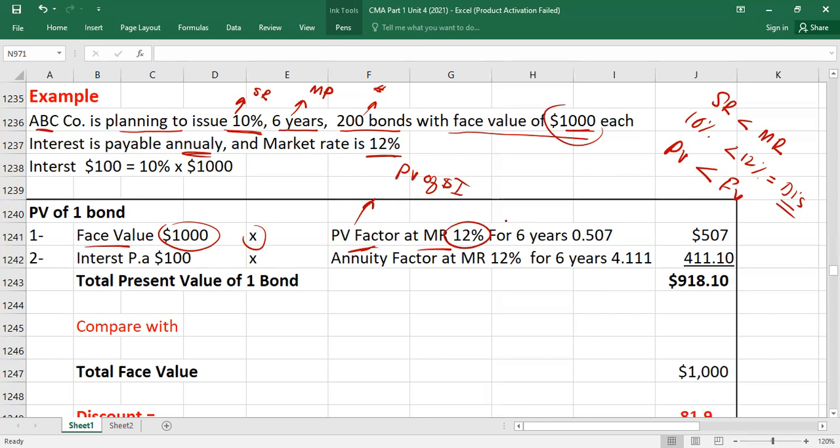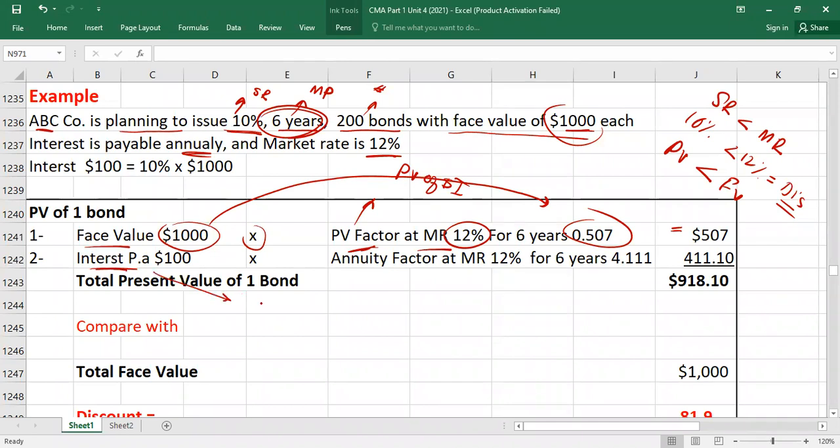I will go to the present value of a dollar table and look at 12% for how many years? For 6 years, because the maturity is 6 years. At 12% for 6 years, you will find this factor there, 0.507, and you will multiply $1,000 with this. So you will get how much? $507.